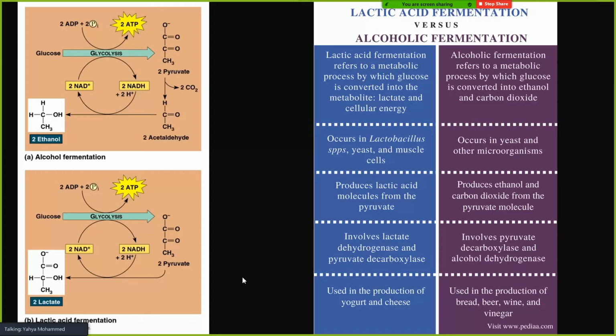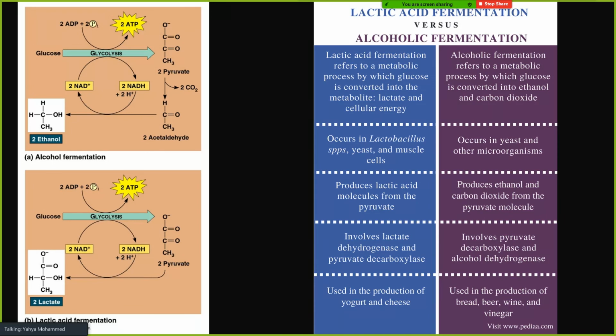So let's take a look at some of the differences, like where do these two things occur, right? So over here in the blue is going to be lactic acid. In the purple is alcohol. So it says here that lactic acid fermentation occurs in lactobacillus species, yeast, and muscle cells. The alcoholic fermentation occurs in yeast and other microorganisms.